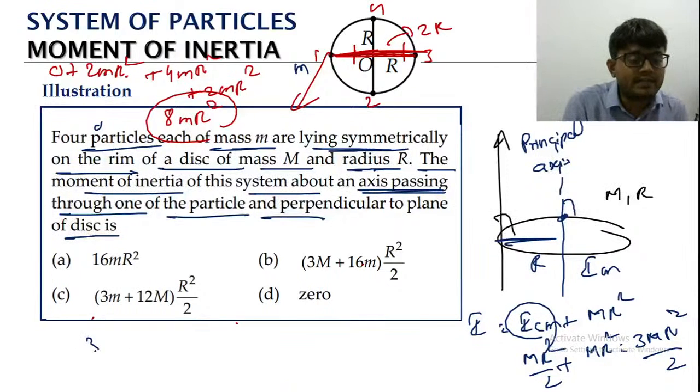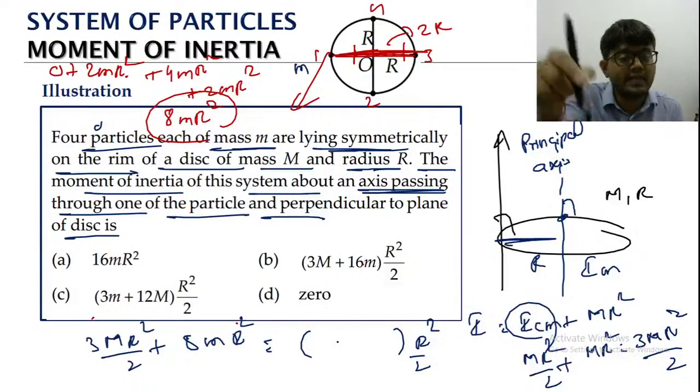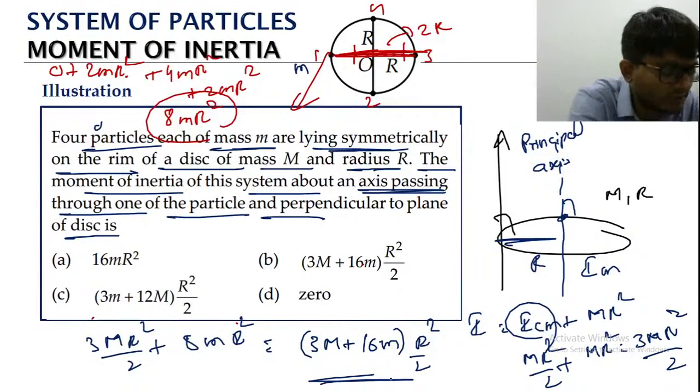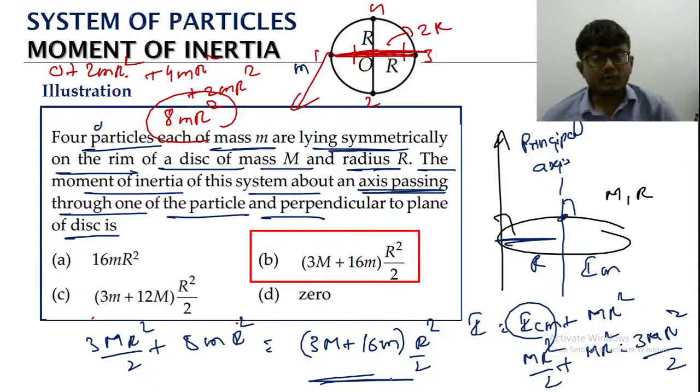Now total moment of inertia means what? 3 capital M r square by 2 plus 8 small m r square. Now if you take out the r square by 2 common, we have to see the way the options are given. What are we going to get? 3m plus 16 small m is going to come. So check the answer, guys. What is it? Option B. Anyway, even before doing the entire problem itself, we were able to conclude it a little bit, right?